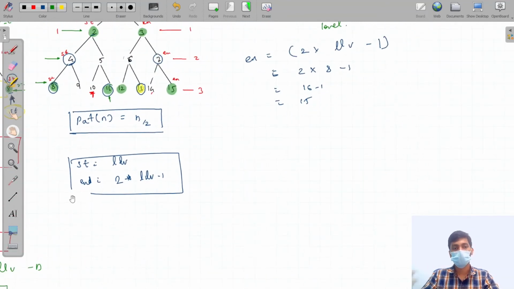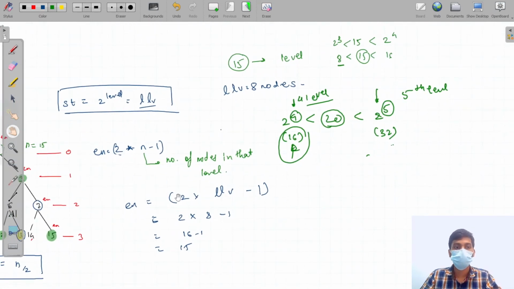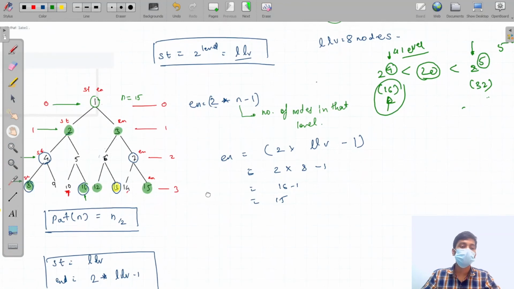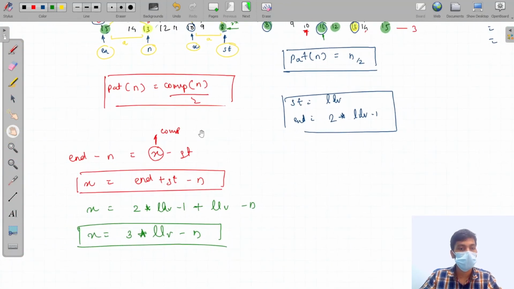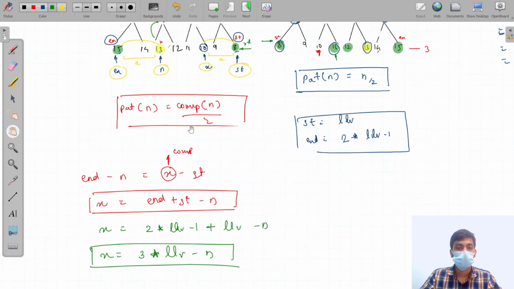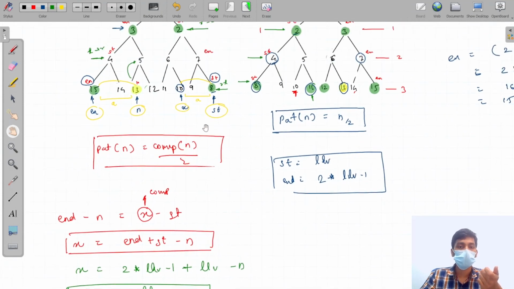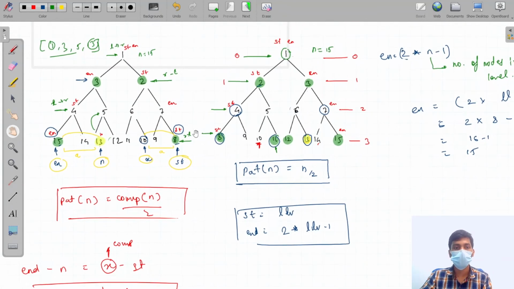I know this got a bit confusing, but if you simply look at what we did, we just derived some formulas that helped us give our exponent, that helped us give the complement value. So if it is getting a bit confusing to you all, just write down these formulas somewhere and watch the video again and try to correlate how we derived those formulas.